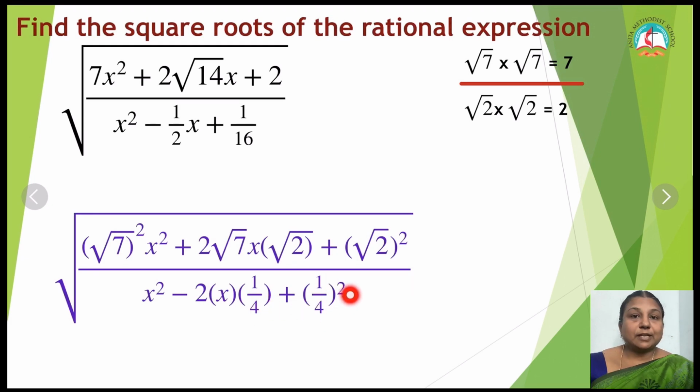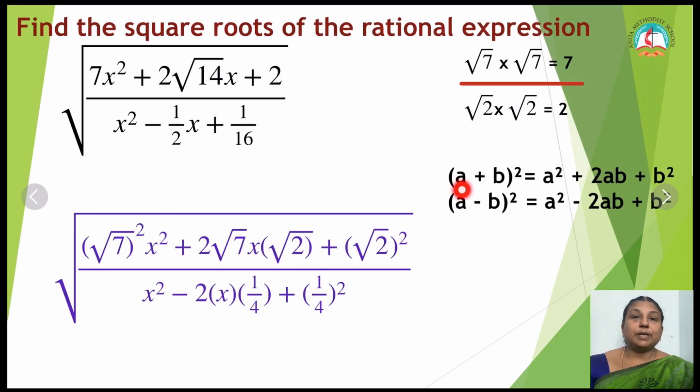In which algebraic expression is this, children? Can you guess? Yes, this is a plus b whole squared. Okay, the numerator is in the form (a plus b) whole squared, that is a squared plus 2ab plus b squared. And the denominator is in which algebraic identity? Yes, it is (a minus b) whole squared, that is a squared minus 2ab plus b squared.